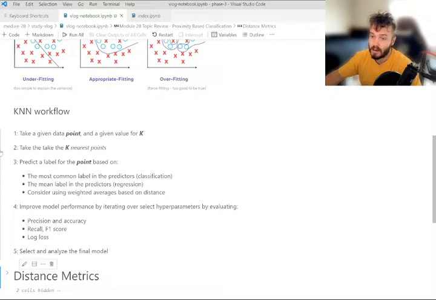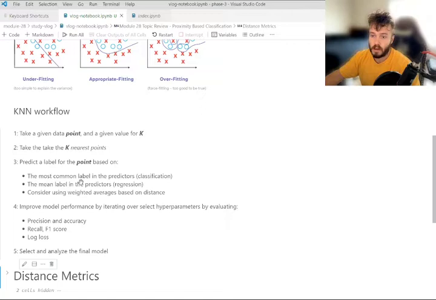You take the k nearest points. So if your value is 5, you're going to take the 5 closest data points to it, and you're going to predict a label for that initial point based on some metrics or statistics about those other data points captured by your k value, right?